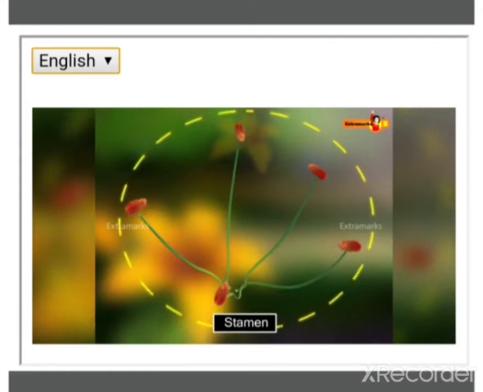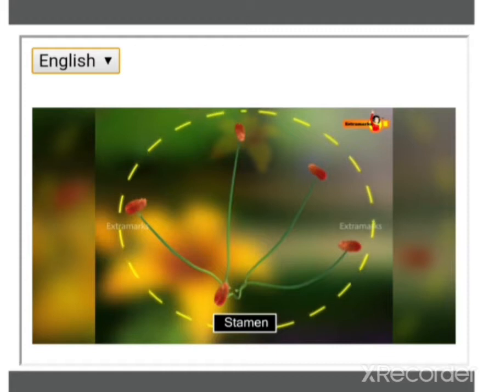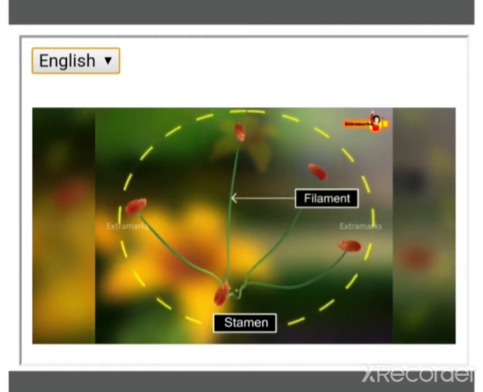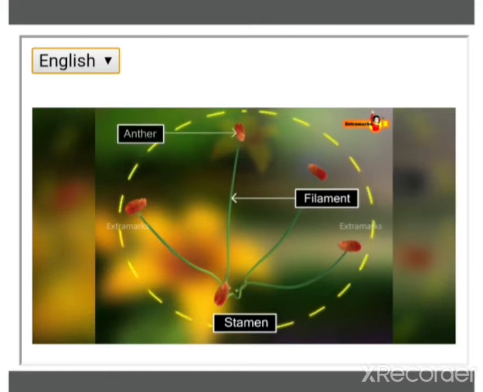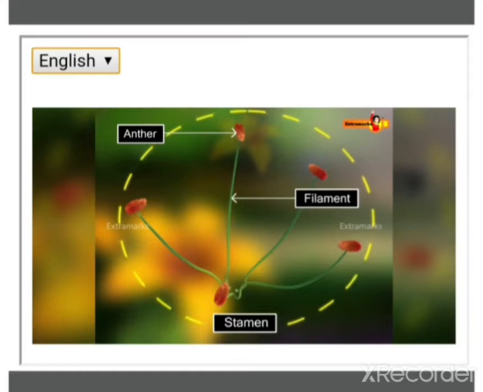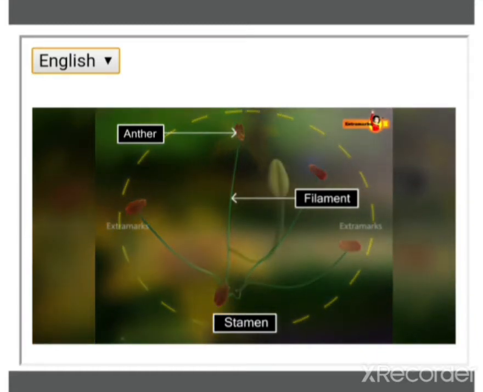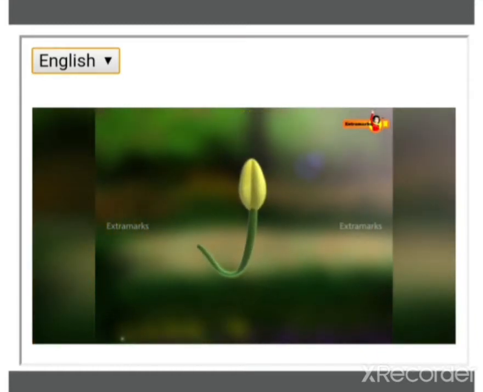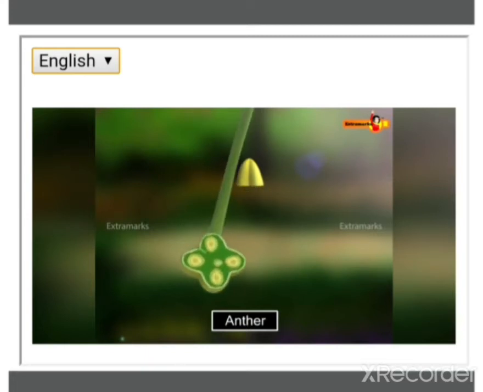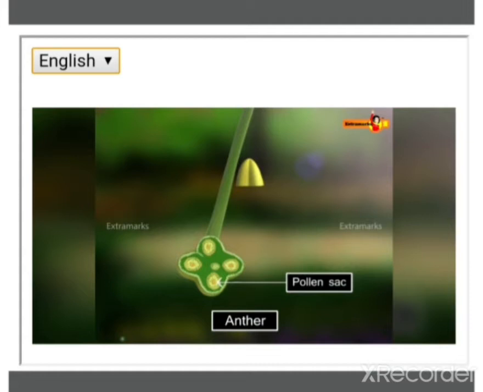The stamen is a cylindrical, stalk-like structure which consists of proximal sterile part called the filament and a distal fertile part, an anther. The anther consists of 4 microsporangia, also known as pollen sacs.